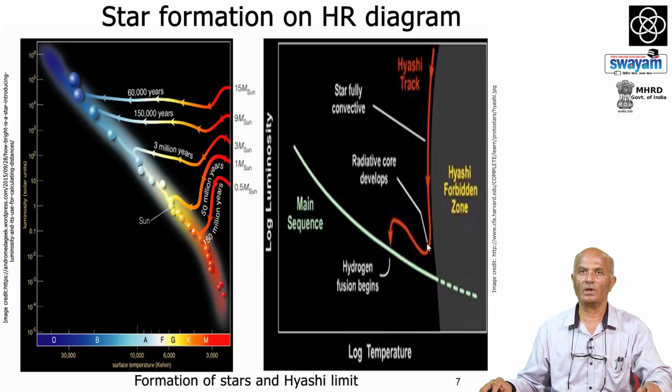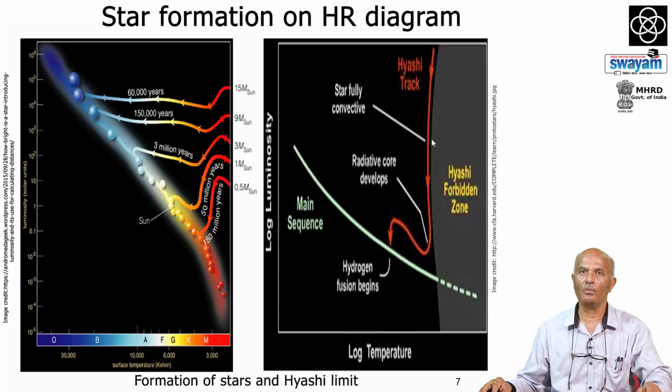This is the place where the radiative core develops, and following this process it finally reaches the zero age main sequence. In this process the temperature and pressure in the core become high enough to ignite nuclear reactions in the star, and when it reaches here, we call it hydrogen burning or hydrogen fusion. It starts, and this is called the main sequence or zero age main sequence star.